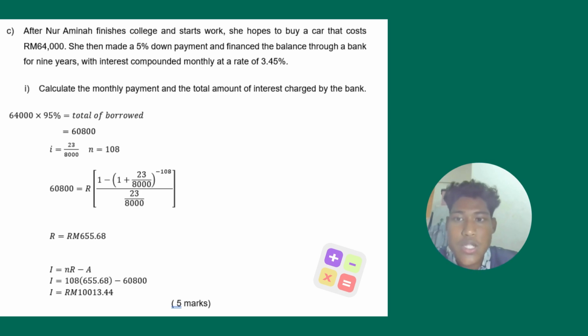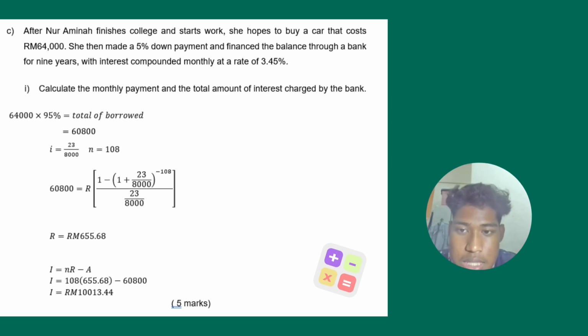So we must do a present value because after Nur Aminah finishes college, she hopes to buy. So the keywords are she hopes to buy the car. So we must use the present value formula.